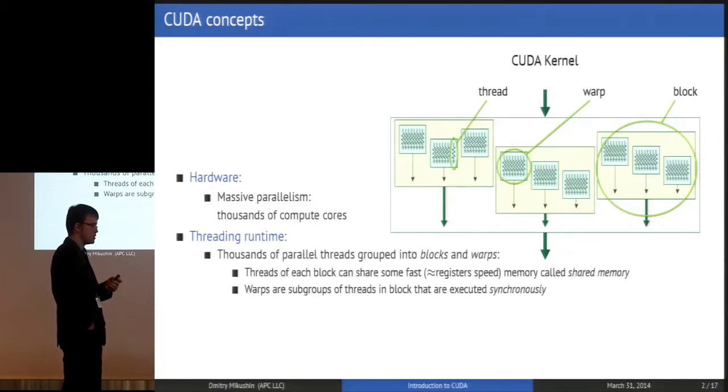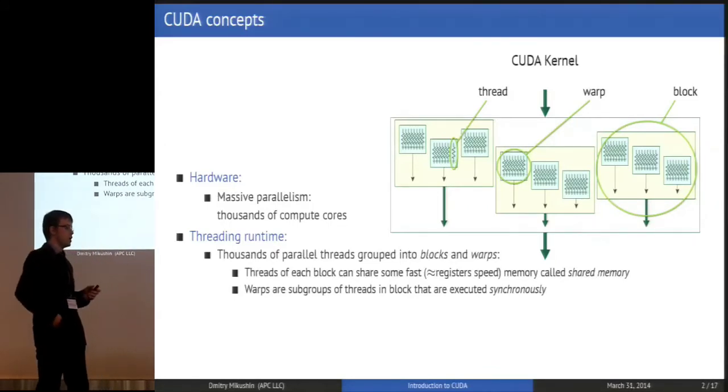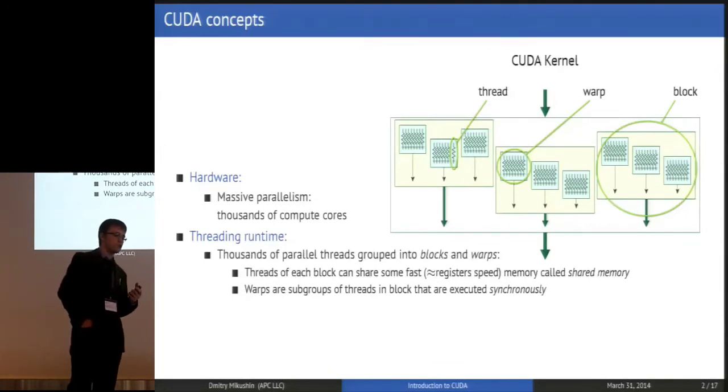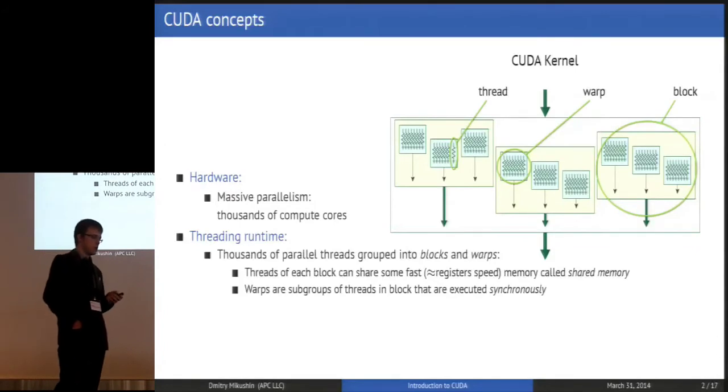So shared memory is shared between threads of a block. But there are smaller blocks inside blocks of threads. They are called warps. Warps are subgroups of threads in a block that are executed synchronously.